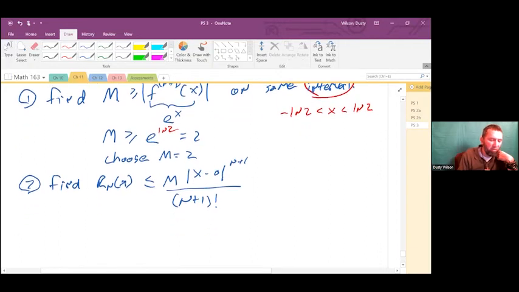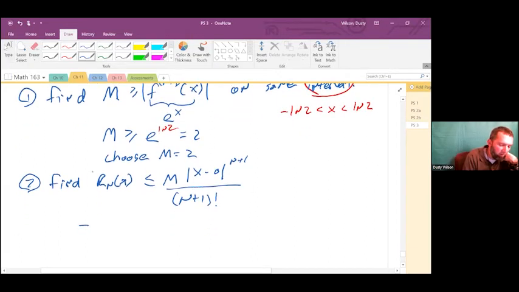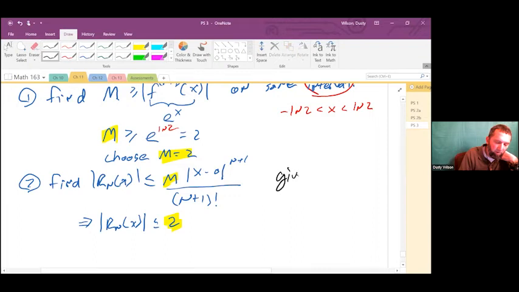If we substitute, the magnitude of the remainder, our error, will be less than or equal to M, which is 2, times the absolute value of x, and we're given that x is equal to 0.1.